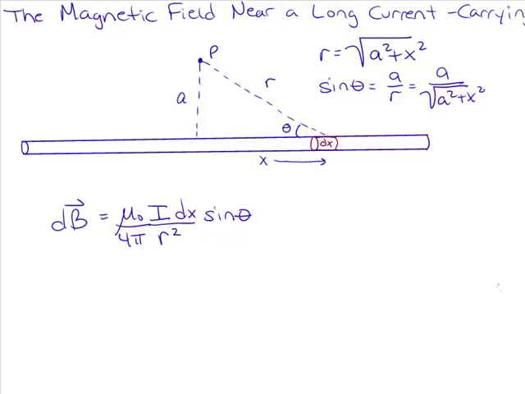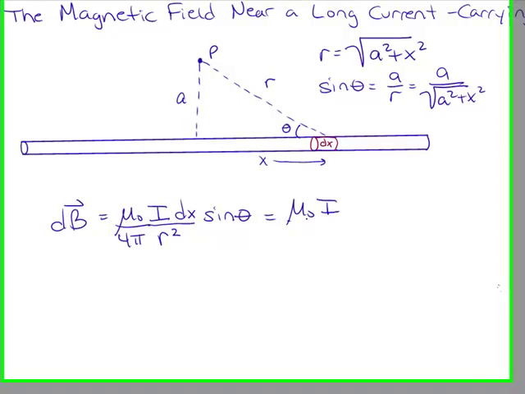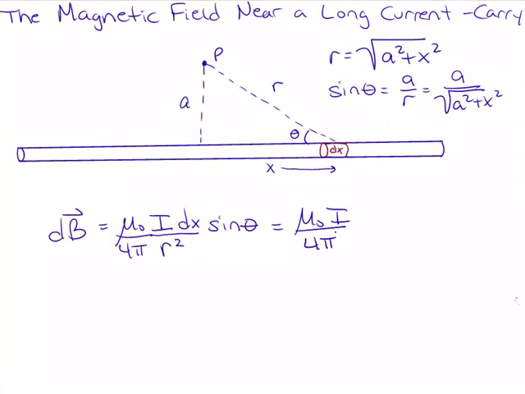So we'll make some substitutions into our formula here. Sine theta becomes A over the square root of A squared plus X squared. And then R squared will become the quantity A squared plus X squared.